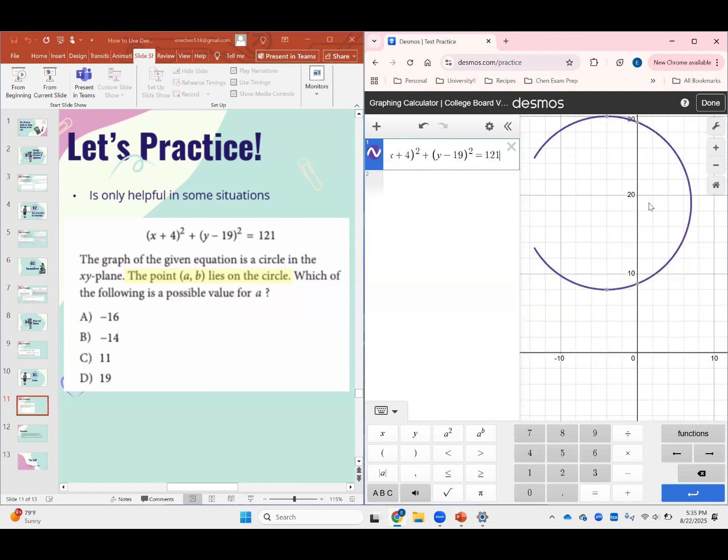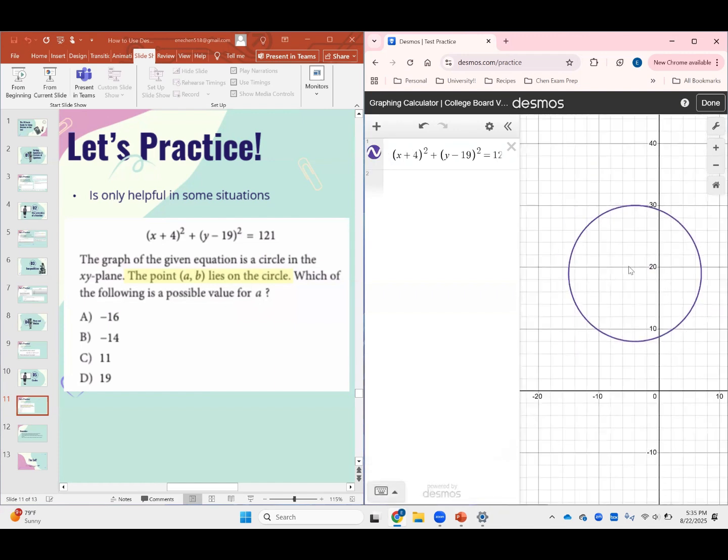Okay, and now you can see in Desmos, there's this beautiful circle on the Cartesian plane, on the xy plane. And now they're asking for a point whose x value lies on the circle. That's basically what the question is asking.